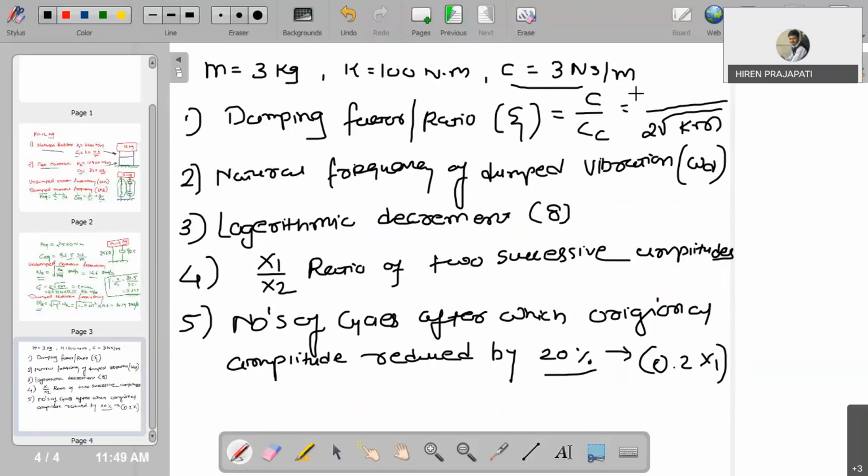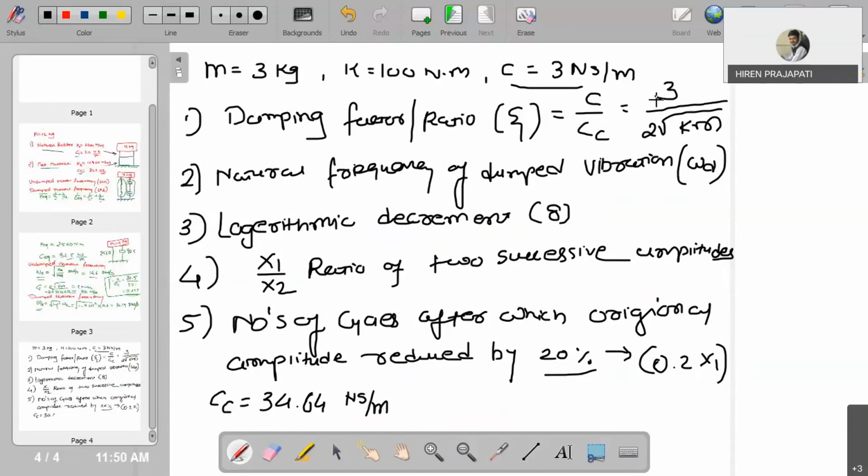So just find out how much you are getting. 34.64, so that you got as a Cc, right? So Cc we are getting 34.64, and unit is Newton second per meter.